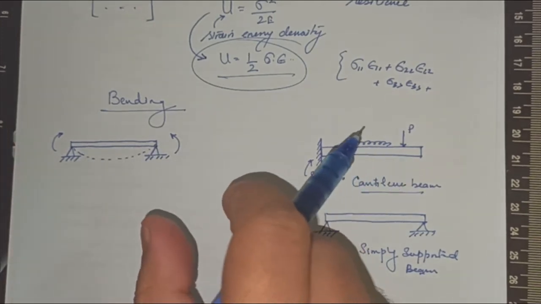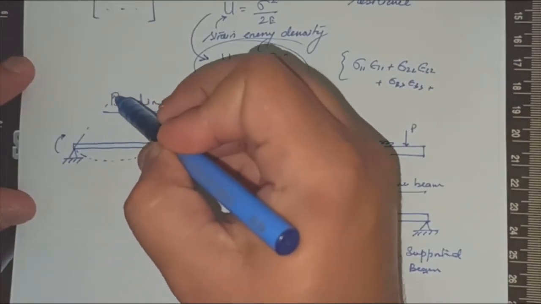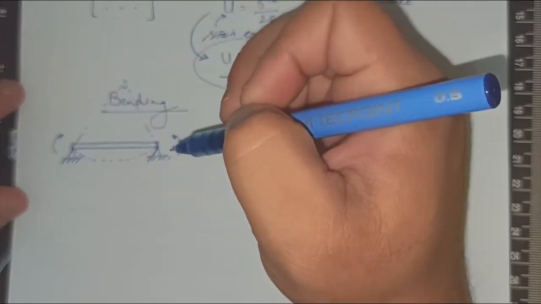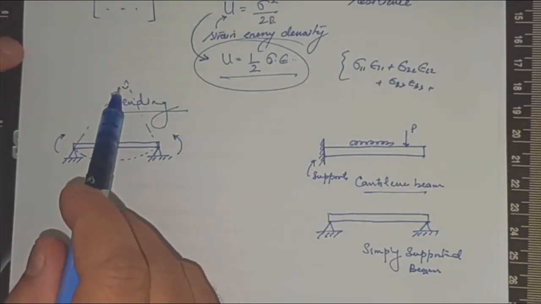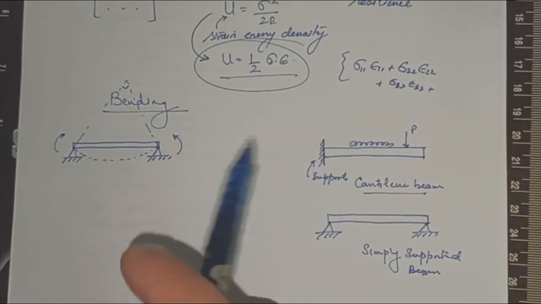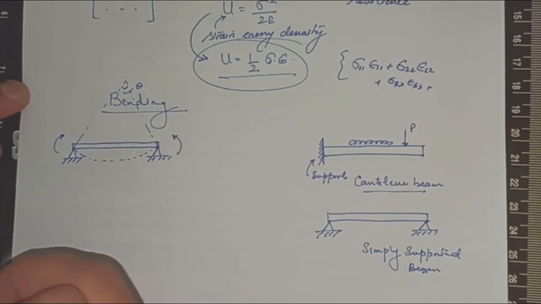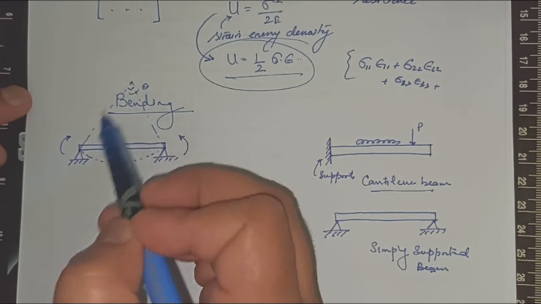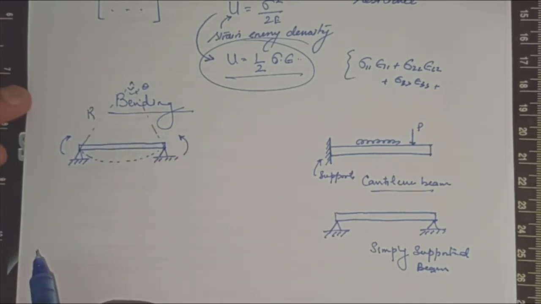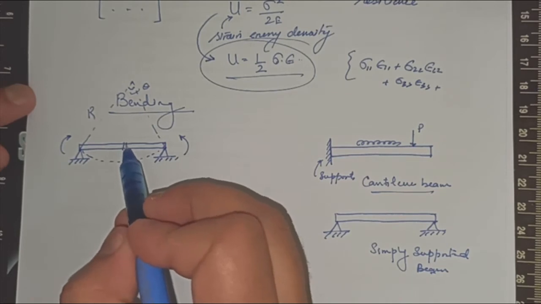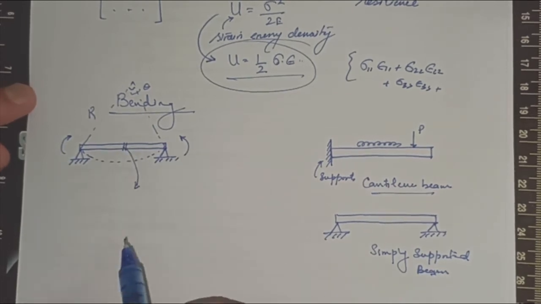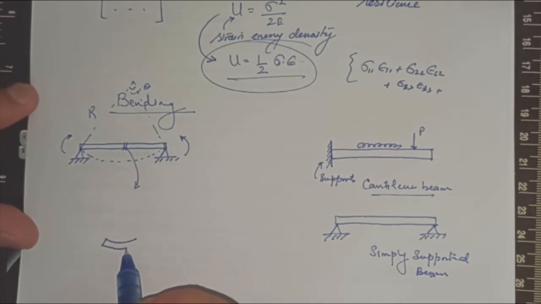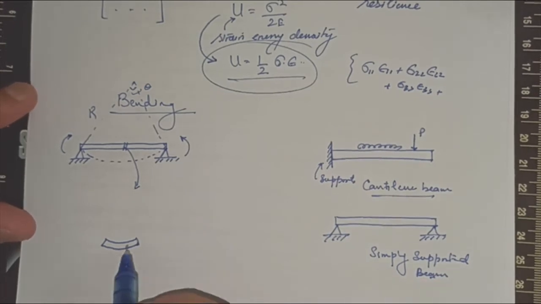A curvature is formed. So if you subtend a particular angle at this location, when the beam is bent, a particular angle theta is obtained at the center. And this arc length here will be called R. So let's say we have a small element at this location. Let's bring that out and zoom it, and let's say we have that element as ds.